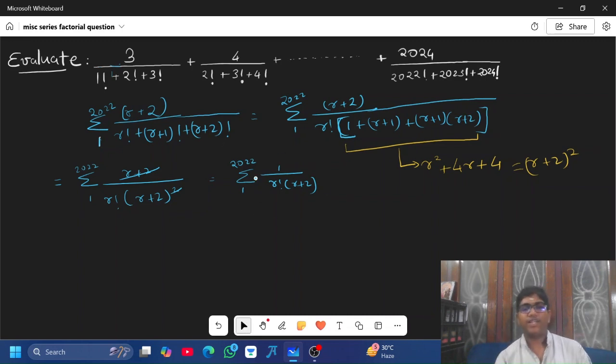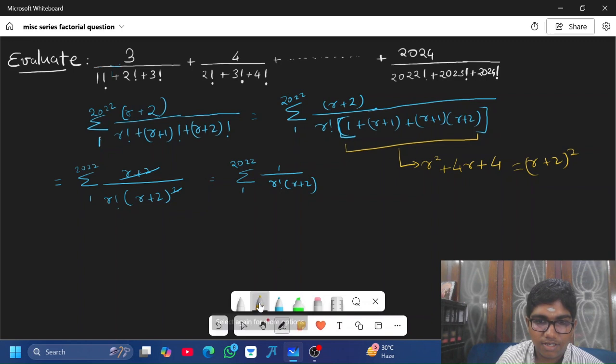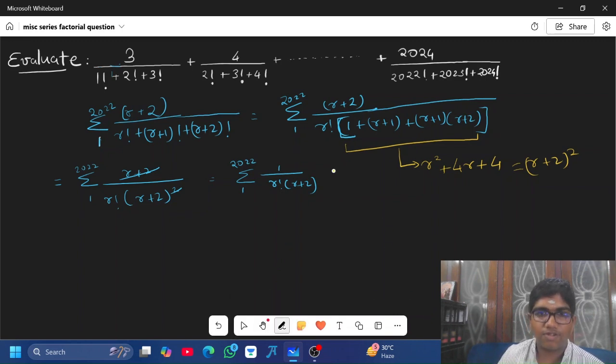Now let's see what we can do. The first thing which comes to mind again here is r factorial times (r plus 2). Naturally, what comes to mind is to multiply numerator and denominator with r plus 1, so that we can simplify this entire term in the denominator to r plus 2 factorial.